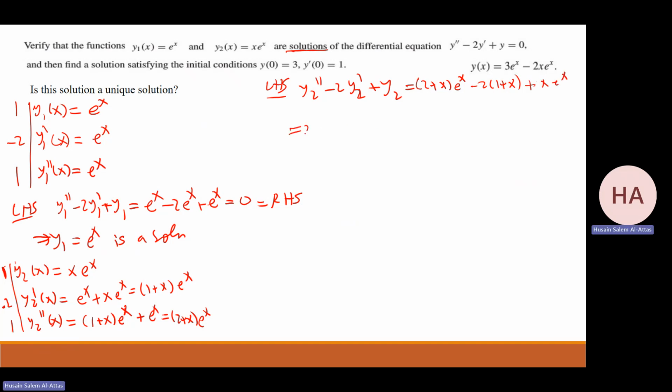So I have 2 e to the power x plus x e to the power x minus 2, don't forget to have e to the power x here, minus 2 e to the power x minus 2x e to the power x plus x e to the power x. These cancel, and this with this cancel this one. So I have 0, which is the right-hand side. So y2 is the solution.